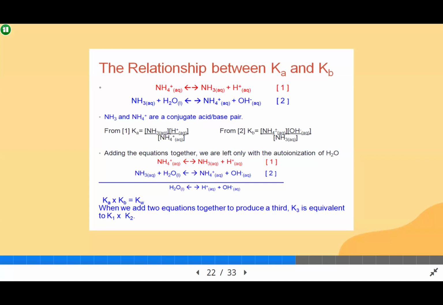If we add the equations together, we're left with only the auto-ionization of water. If you add them together and cancel out what's common, you're left with H2O yields H plus plus OH minus. So we can say that Ka times Kb is equal to Kw. When we add two equations together to produce a third, that K3 is equivalent to K1 times K2.